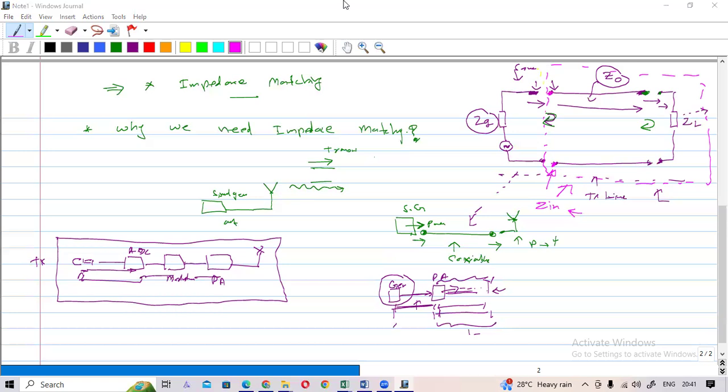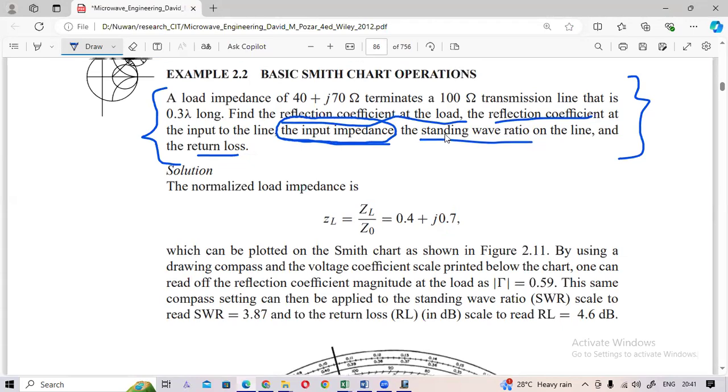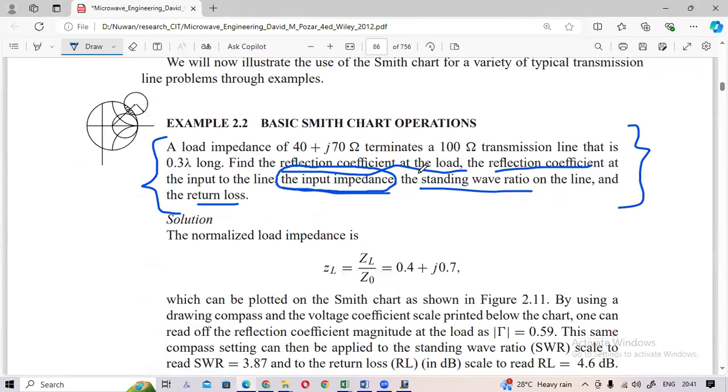Yes, using the Smith chart and another way. Using the Smith chart, you can calculate this input impedance. Actually, here you have calculated that. This input impedance is the exact input impedance, the total circuit impedance.